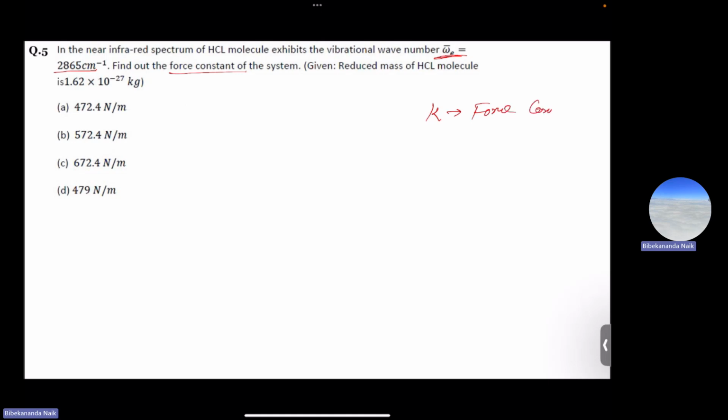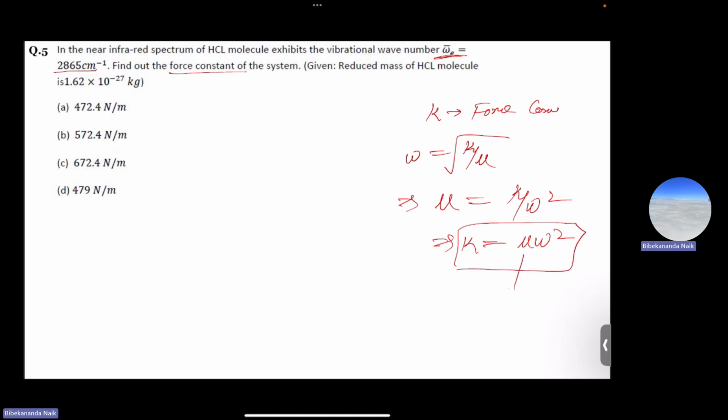If you are thinking that here omega is given, mu is given, so we know omega equals root over K by mu, so K will be mu omega square. You will put the value of mu here, omega is given, and you will get the value.